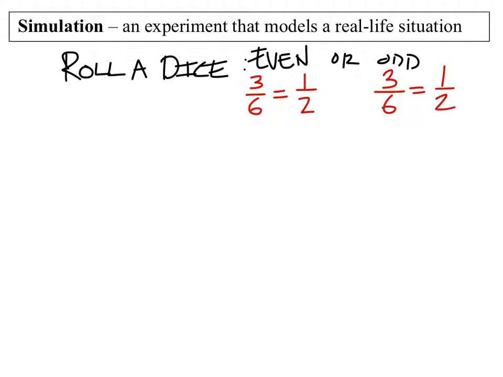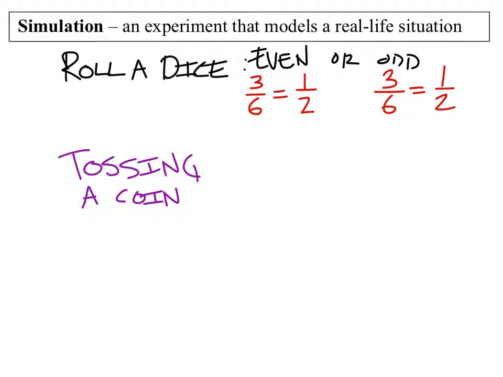Yeah. So a simulation would be a different experiment, a different activity that would give us the same odds, but it would not actually be rolling of the dice. So one of the suggestions that we could look at is maybe tossing a coin.